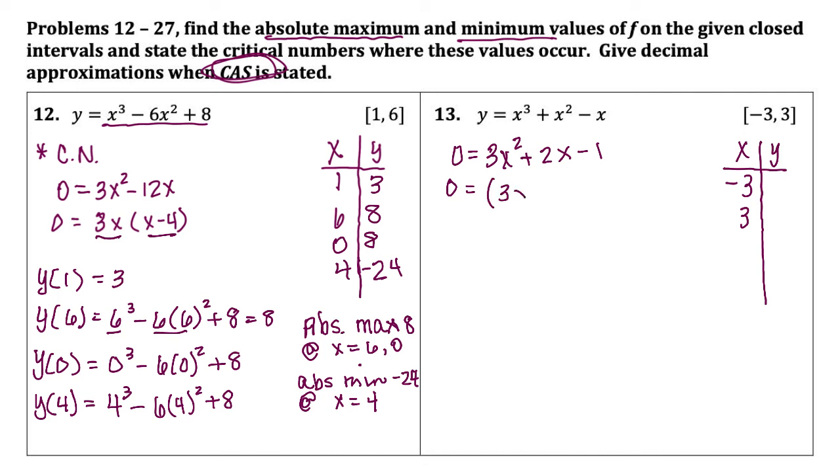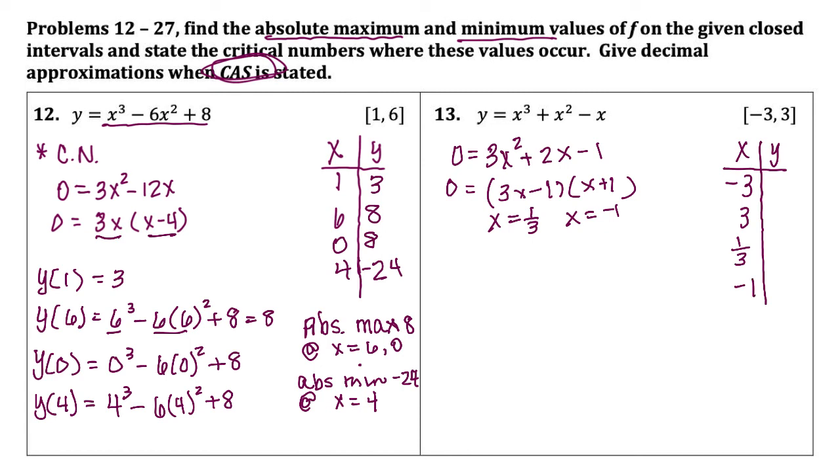So you're going to have 3x and x, and you've got 1 and 1. Oops, I need to move that 1 back a little bit. So that's going to be a positive 1 and a negative 1 there. And so let's finish this. It looks like x is going to be 1/3 or x is going to be negative 1. So there's your two other candidates, 1/3 and negative 1.